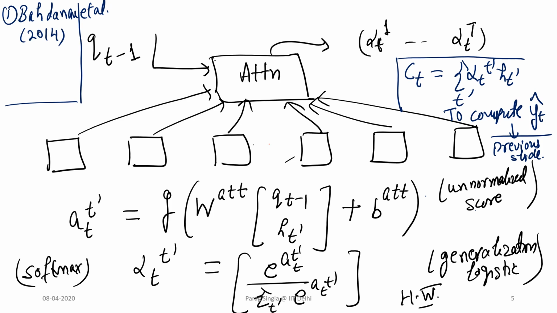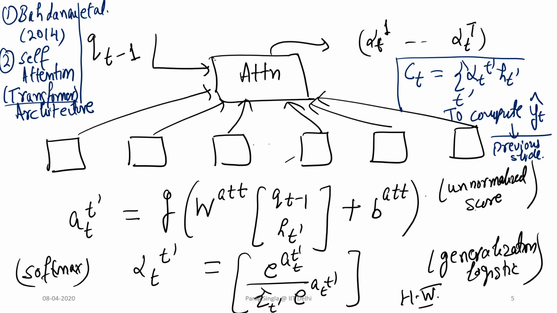To get more clarity on this, there may be slight differences in notation, but the idea is pretty much what I've described here. Secondly, this idea has later been generalized to what is referred to as self-attention, and also something called the transformer architecture, which have become fairly popular in the literature.